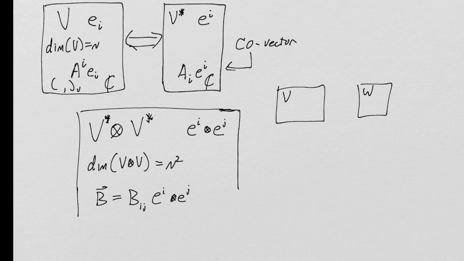Matter of fact, V could have dimensionality 2 and W could have dimensionality 20, or even infinite. And we can still create V tensor product W. If V has the basis vectors e_i and W has the basis vectors f_j, the basis vectors of this would be e_i tensor product f_j.